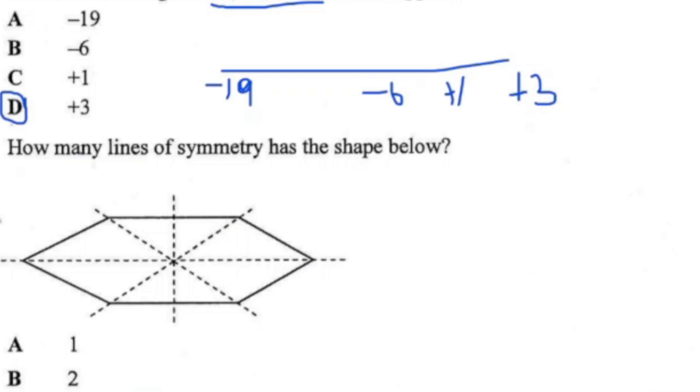If you put them on a number line, the 3 will be on the far right, so it will be the biggest number. But if we talk about the smallest, then negative 19 is going to be the smallest, because it's on the far left of the number line of the given numbers.